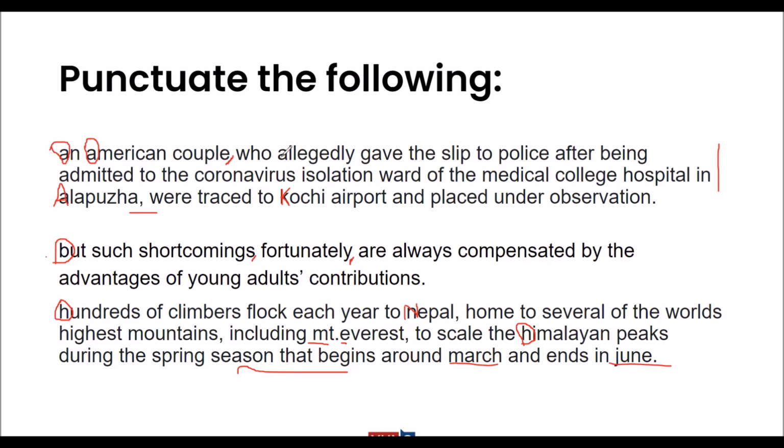Ma'am, yes, there must be an apostrophe with the word world. Yes, absolutely right. Good. We require an apostrophe over here. Good, Disha. And the month name should be in capital M and June. That has been pointed out earlier. So M should start with a capital letter and June should start with a capital letter. Correct.